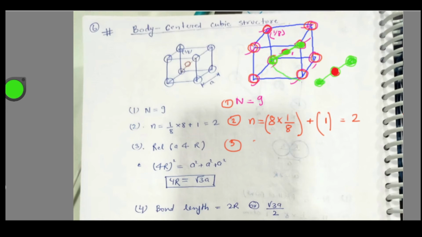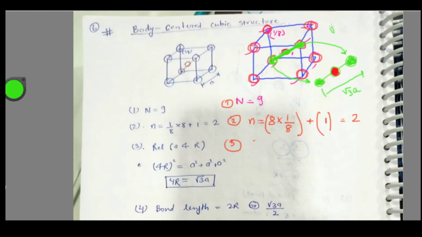So here this atom is this one and this atom is this one. So this whole distance will be root 3a. Why? Because it is not on the face, it is from inside the cube, from the other side of the cube to the front side of the cube. This length is the diagonal of the cube.